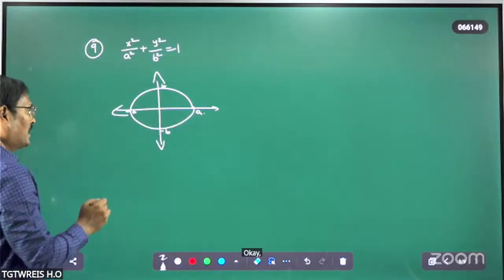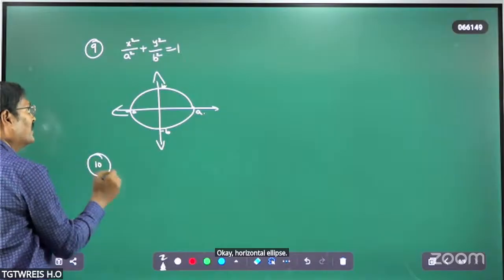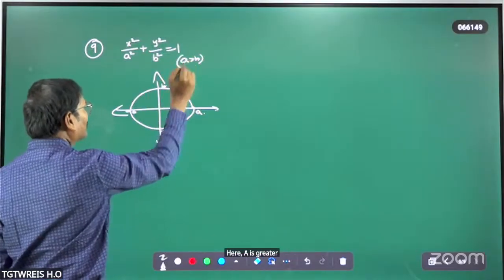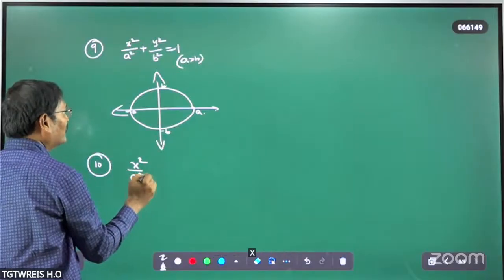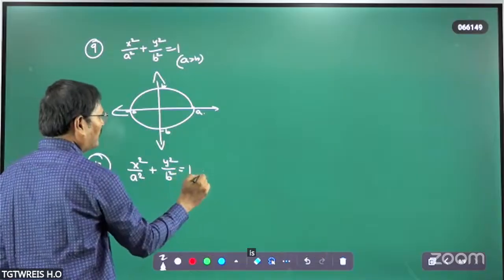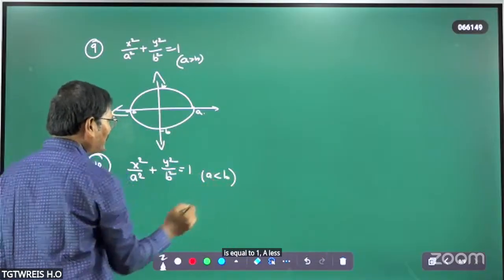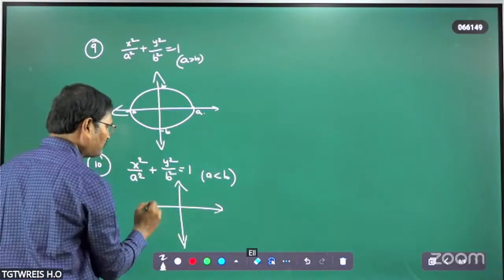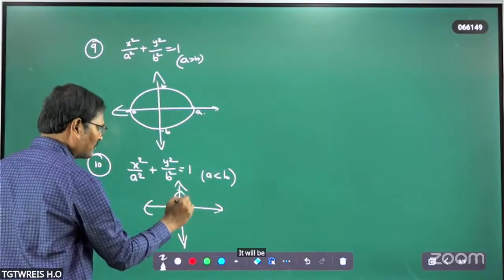Okay, horizontal ellipse. And the 10th one, here a is greater than b. X square by a square plus y square by b square is equal to 1. A less than b. In this case, we get a vertical ellipse. It will be like this.